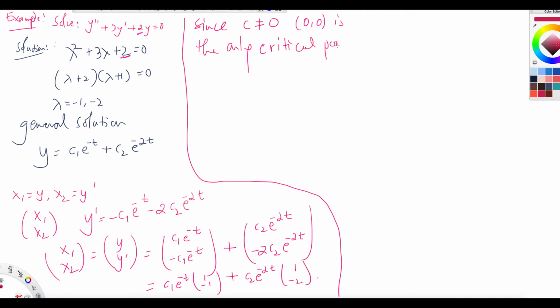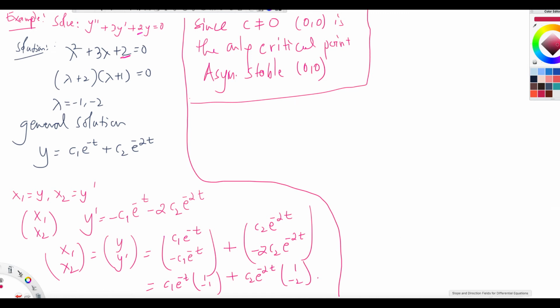Critical point. So how do I know the stability of this? Since the signs of lambda are both negative, it will be asymptotically stable. 0, 0 will be asymptotically stable. That's what you get.